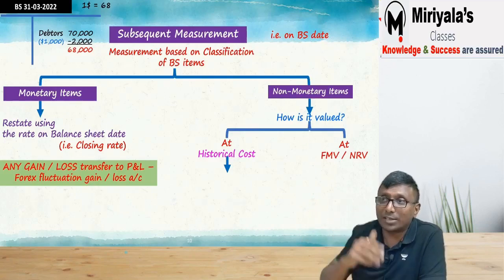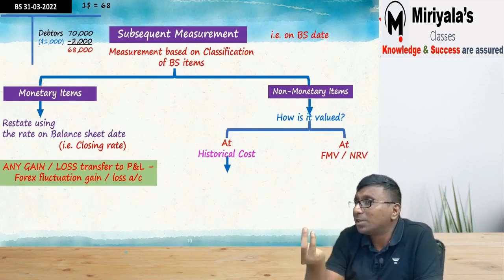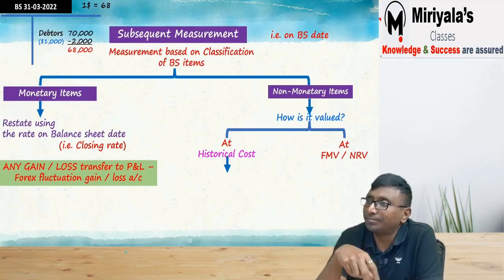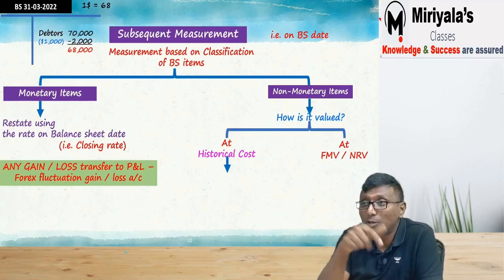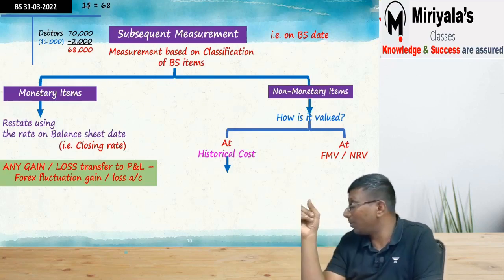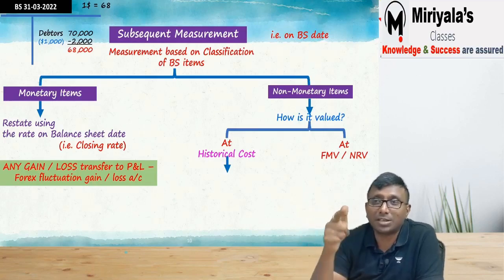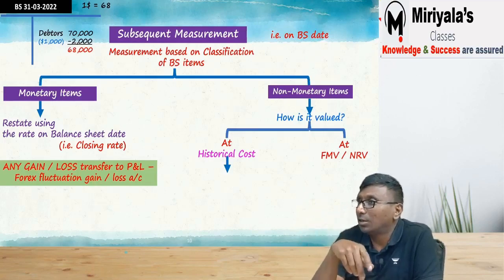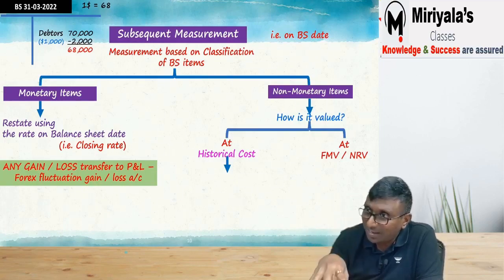Have you understood what I said? Not at cost. Again PPE, a non-monetary item. PPE may be measured at cost model, PPE may be measured at revaluation model. Which model, you tell me. First, what is your company following? Cost, sir? Then it stays. No sir, we are following the revaluation model? Come to the other side, because it is measured at fair market value.